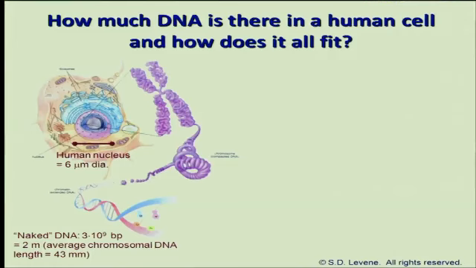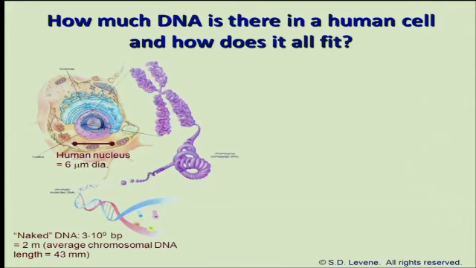So now 150 base pairs or 50 nanometers is pretty stiff for a polymer. So it's worth asking the question, what's the extent of compaction that actually takes place in, say, a vertebrate nucleus? And as we've heard, the nucleus has a diameter of about 5 or 6 microns, perhaps.